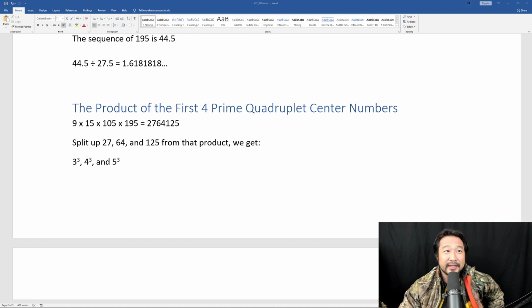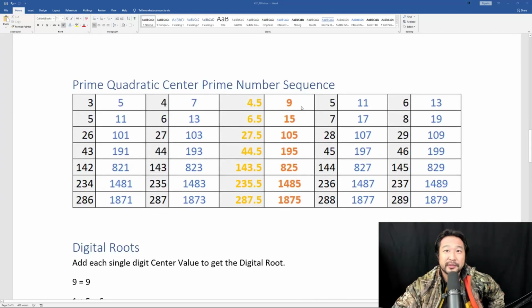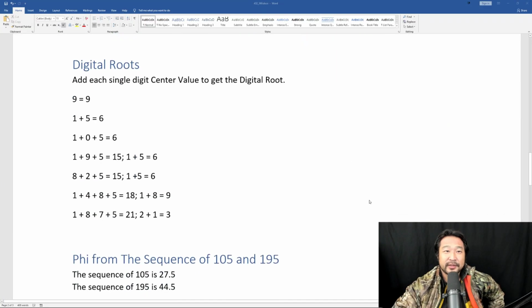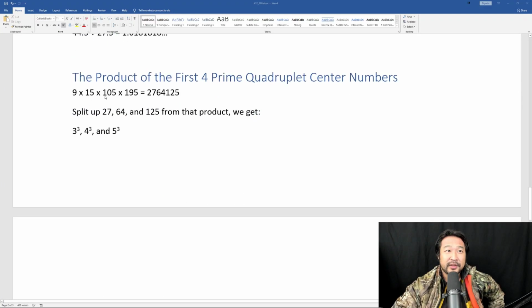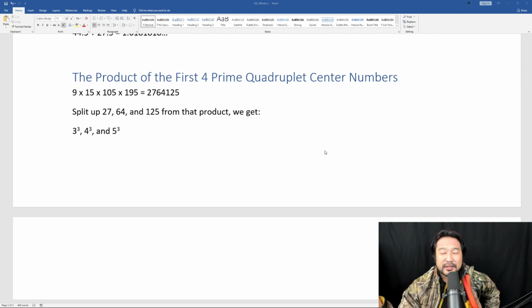Okay, so 9 times 15 times 105 times 195. I'm just getting the first 4 prime quadruplet center numbers, right? 9, 15, 105, 195. When we get that product, we get 2,764,125. But let's kind of stray away from there.